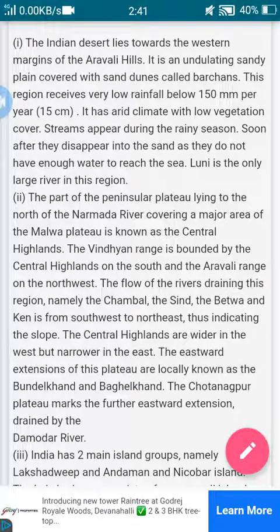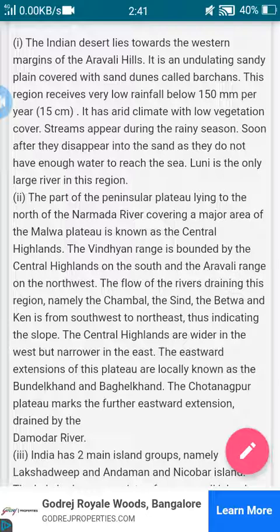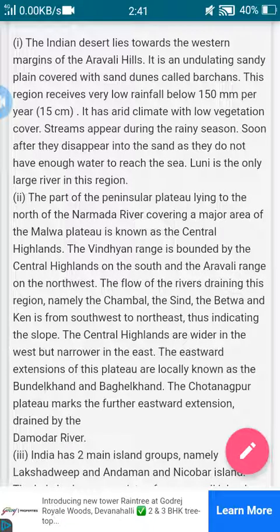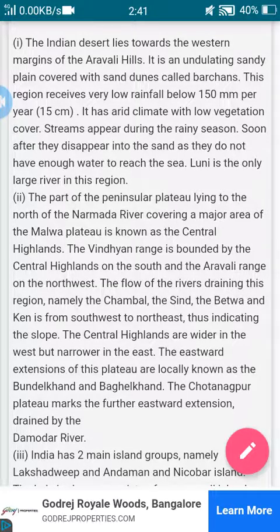It is an undulating sandy plain covered with sand dunes called barchans.